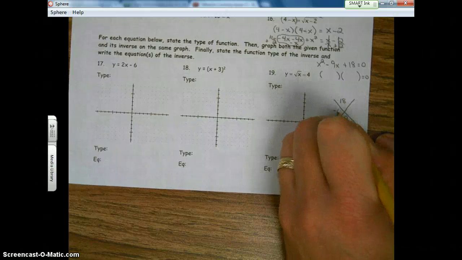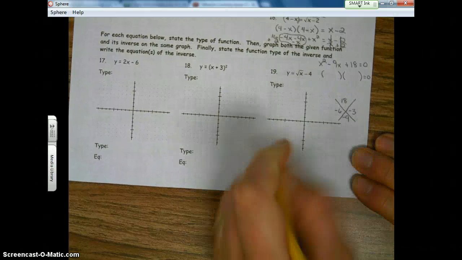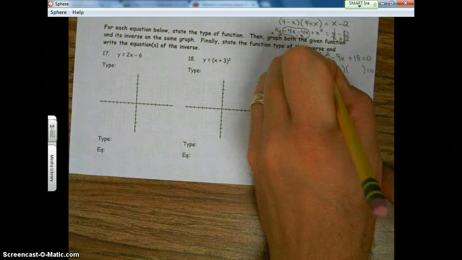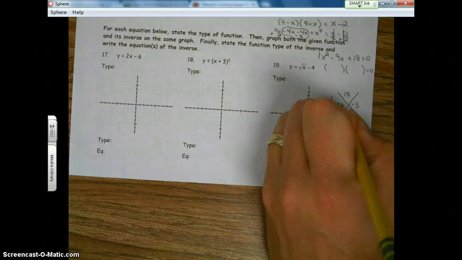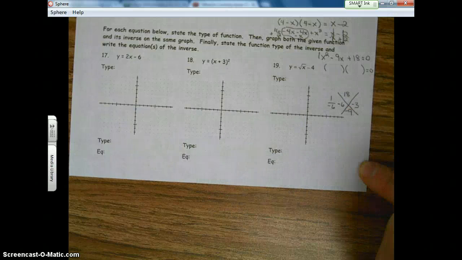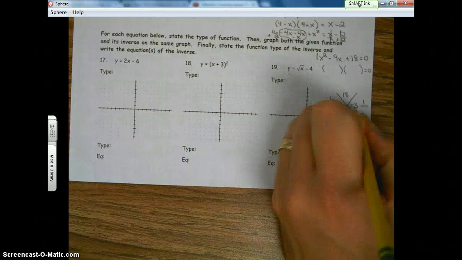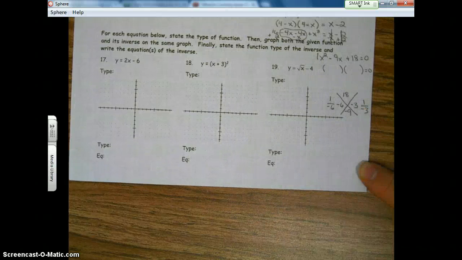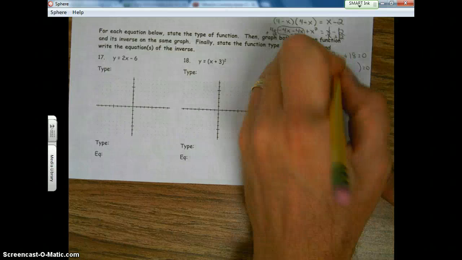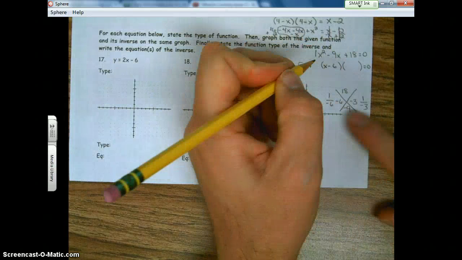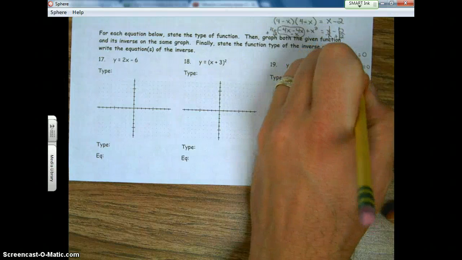It's going to be negative 6 and negative 3. So the a value goes on top, the factor goes on the bottom. So we have x minus 6, x minus 3.